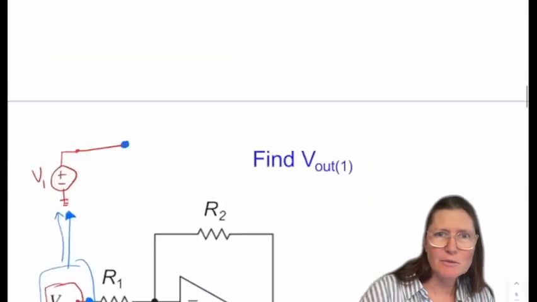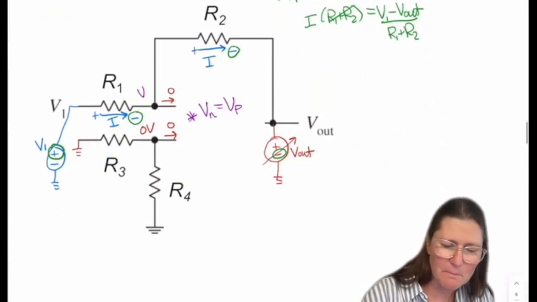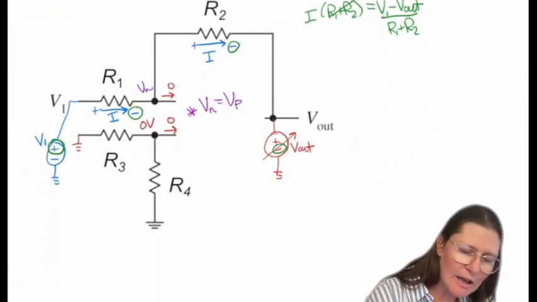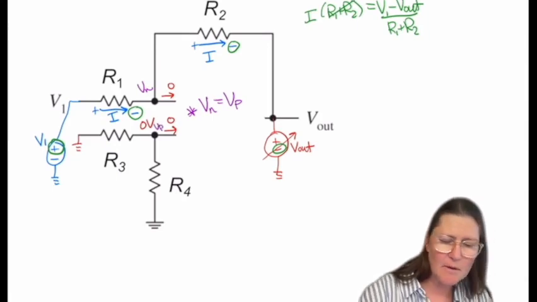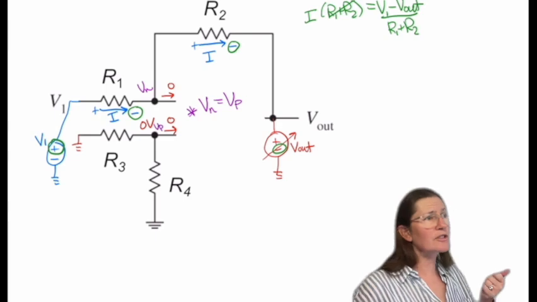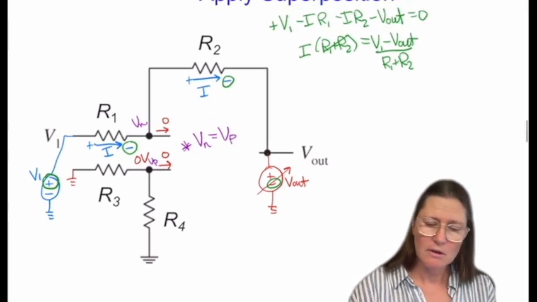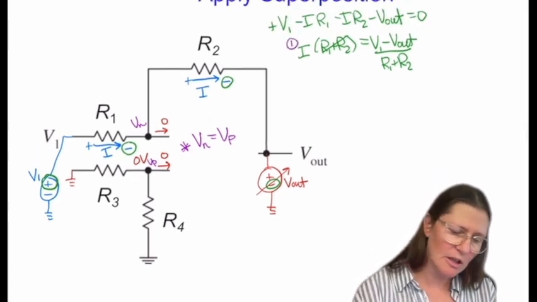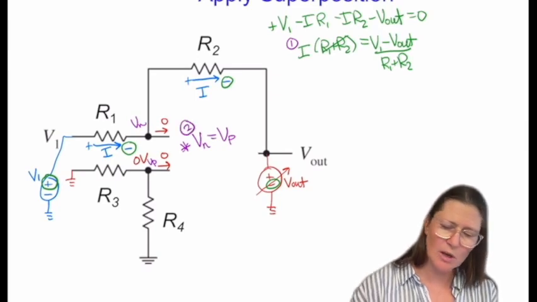And I forgot which one was which. So negative on the top. So this was Vn and this is Vp. So that gives us our second equation. So now we have two equations and two unknowns, and we can solve this.